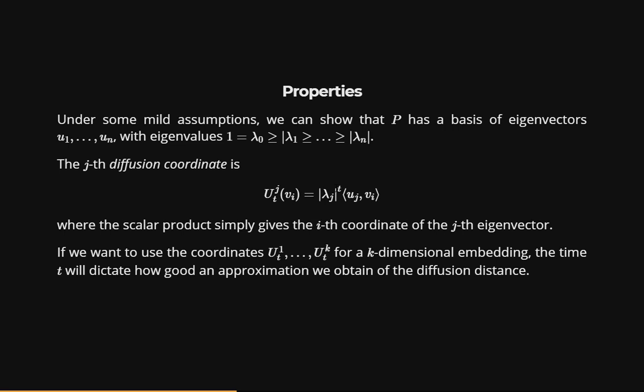If you decide that you want to approximate your diffusion distance up to some epsilon, and you decide that you want to use d dimensions in your embedding, then you have a bound on the time t you have to pick. And the other way around, if you decide the time and the dimension, you have a bound on the third one.